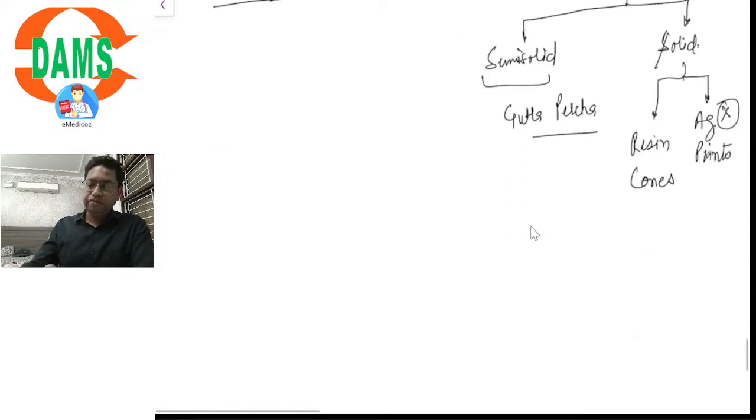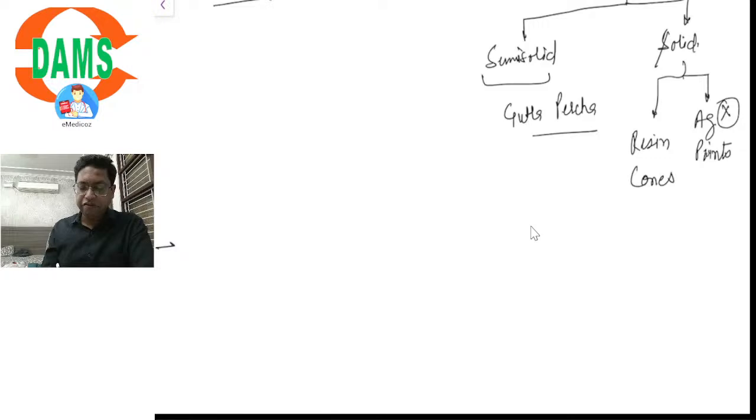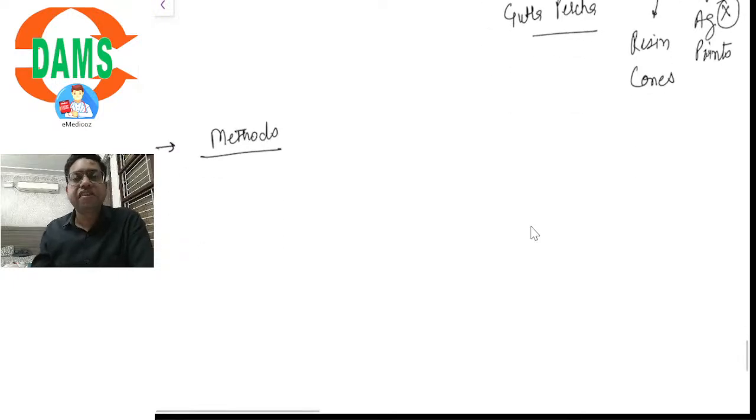Okay. So in root canal obturation, we would talk about methods. The materials and their properties I have already discussed in the session related to instruments, materials, and devices. The first method is cold lateral compaction.